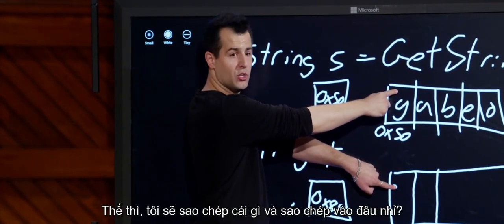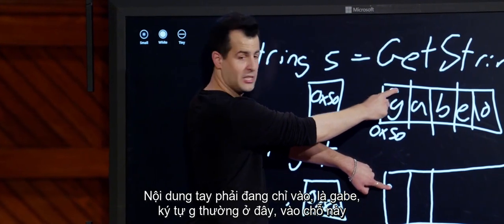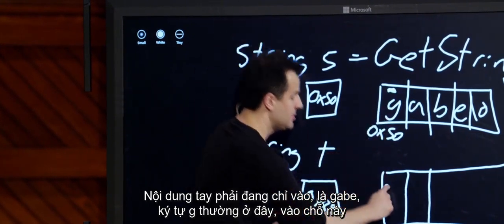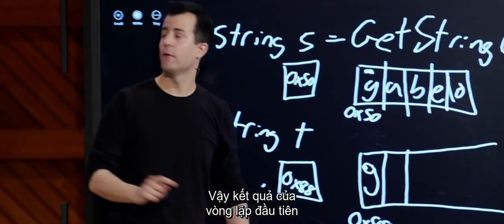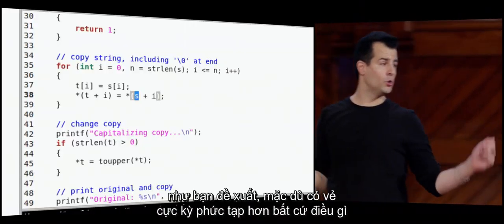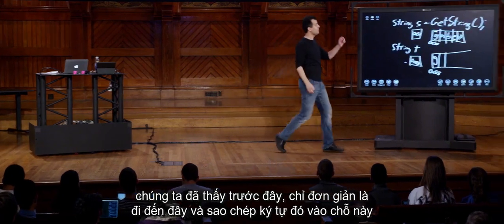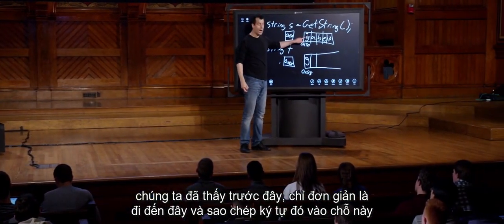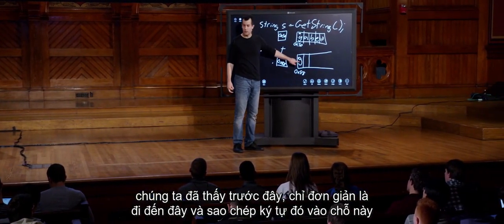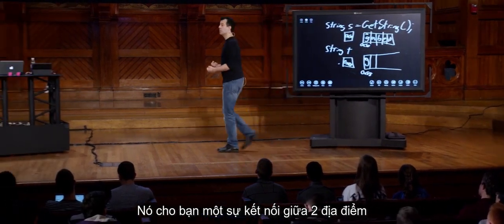So what am I going to copy into what? The thing on the right, which is Gabe, little g here, into here. And so the effect of that first iteration of the loop as you proposed, even though it looks crazy more complicated than anything we've seen before, is simply saying go here and copy that character here. It's giving you a map to both locations.